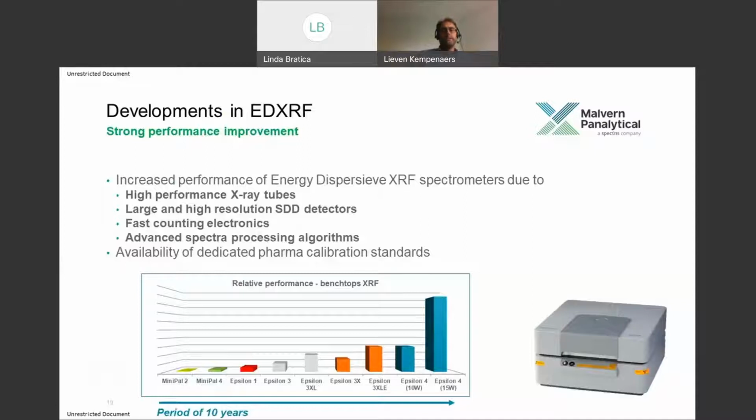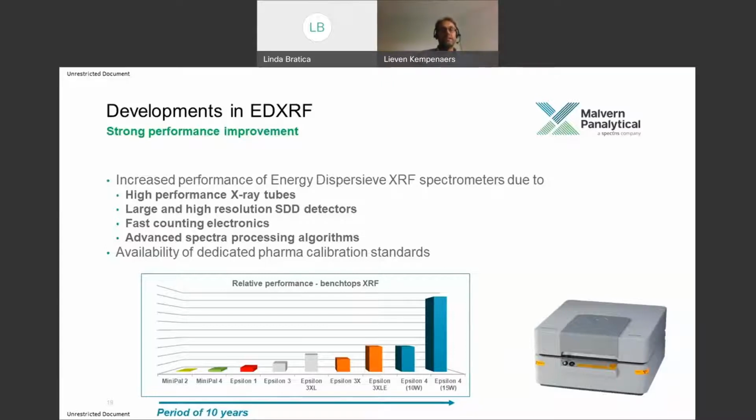So how come in the past the floor standing systems had a good performance, and at that time, 10 years ago, 20 years ago, the performance of the benchtop systems was lacking. But now we can say the benchtop Epsilon 4 in this case meets or achieves those requirements from ICH because of the new R&D activities that are ongoing on the tube, the detectors, the electronics.